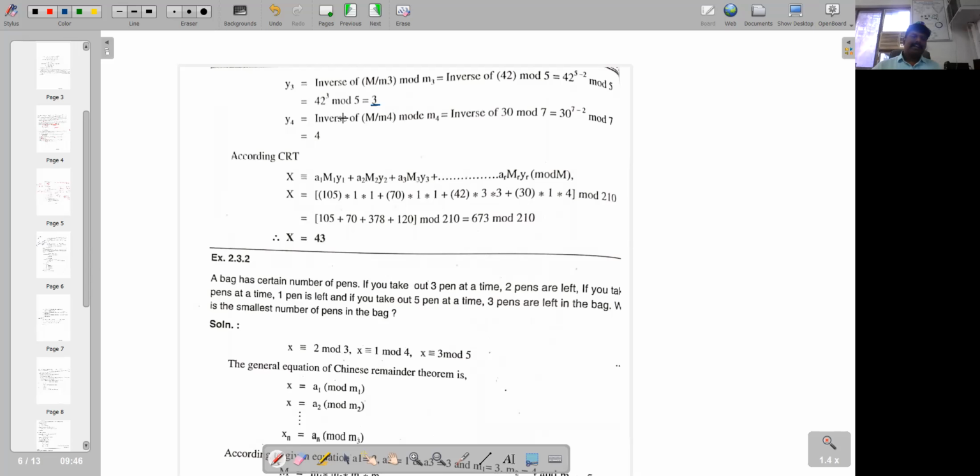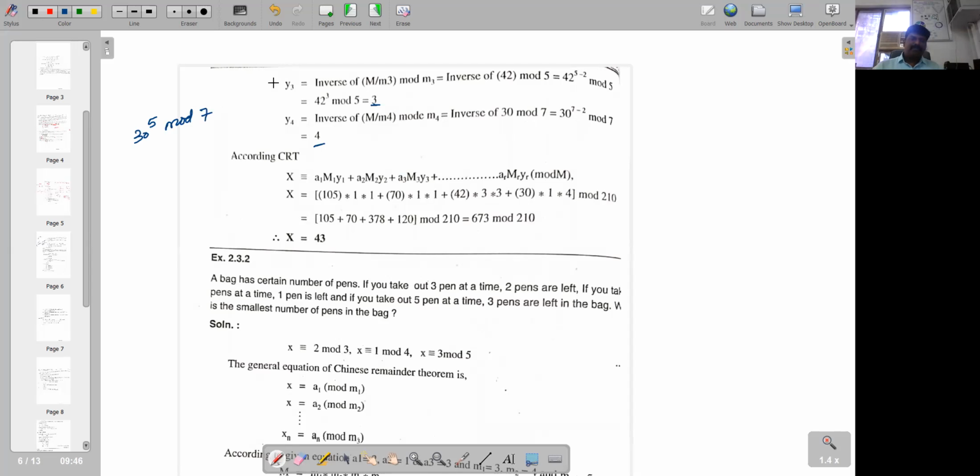Very similarly, y4 is equal to the inverse of capital M upon M4 mod M4, which is the inverse of 30 mod 7, which is equal to 30 power 7 minus 2. That means we'll get 30 power 5 mod 7, which gives the modulus equal to 4.